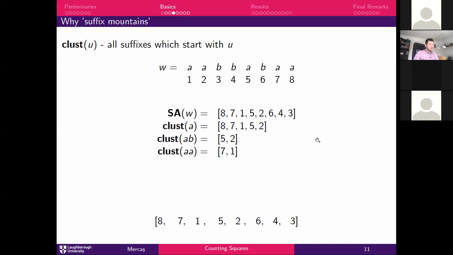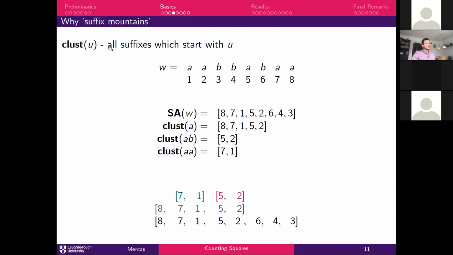And what you can see is that you can put these in some sort of mountain. So I have first all of the suffixes, then I have all of the suffixes starting with A. I have all of the suffixes starting with AA over here, and all of the suffixes starting with AB over here. So you get a kind of mountain structure if you put them one on top of the other.